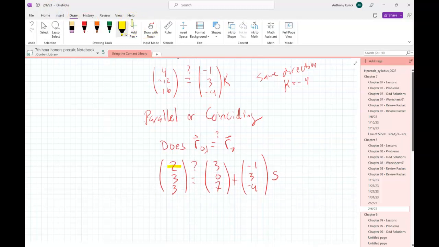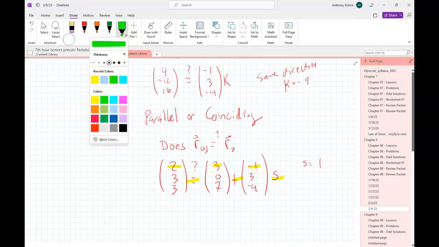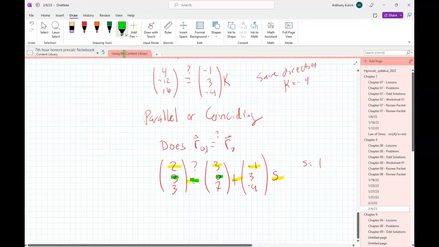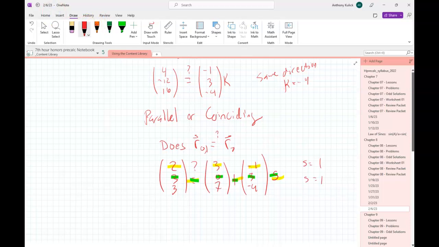So we'll solve the first equation. 2 equals 3 plus negative s, so I get s is 1, right? And then 3 equals 0 plus 3s, so s is 1.